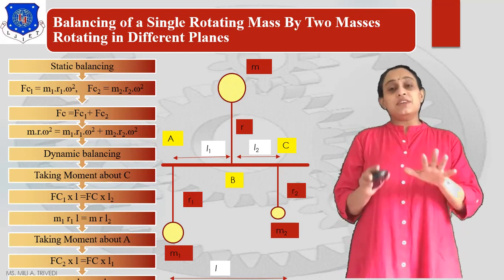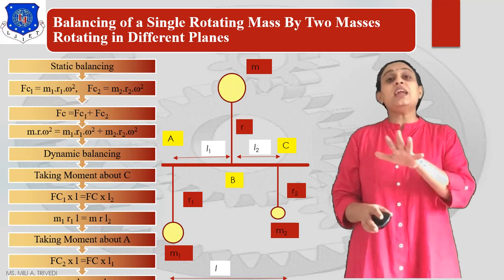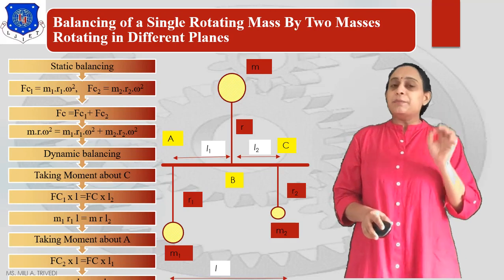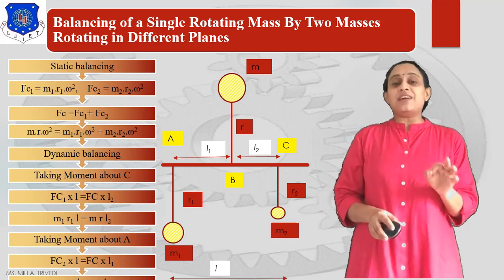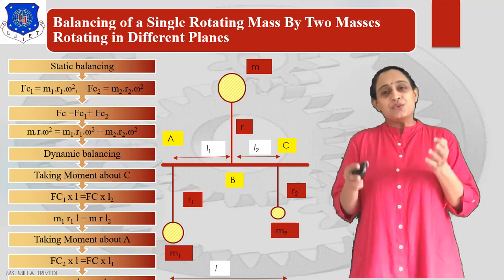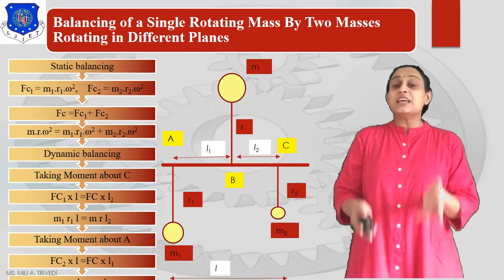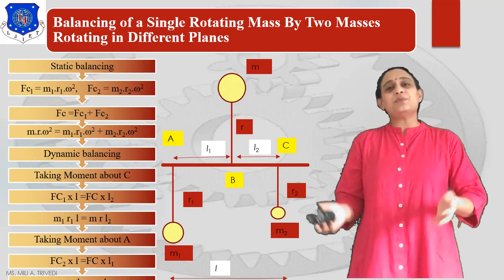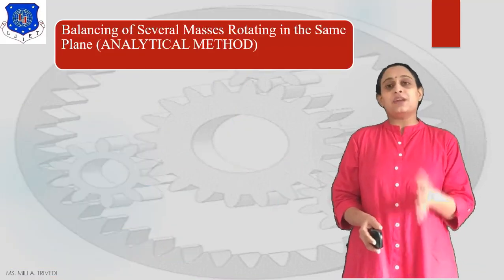By these theories, we can only understand what balancing is and how it can be useful for us. The balancing system is used in each and every rotating as well as reciprocating mass. As we all know, we use rotating and reciprocating masses in mechanical as well as automobile engines. So this is a very, very important topic for us.